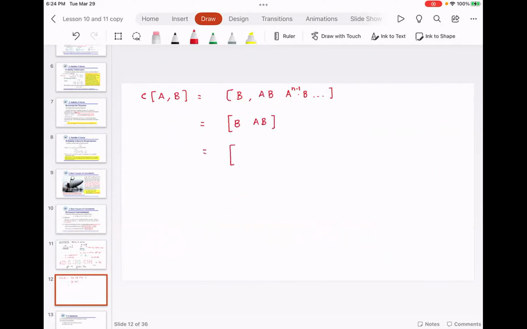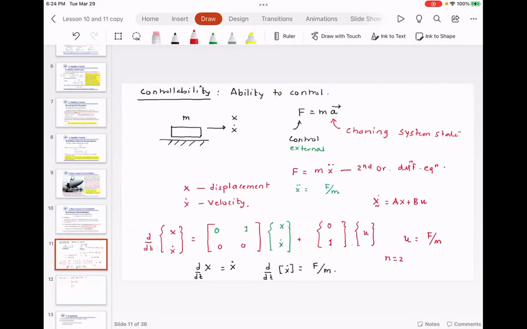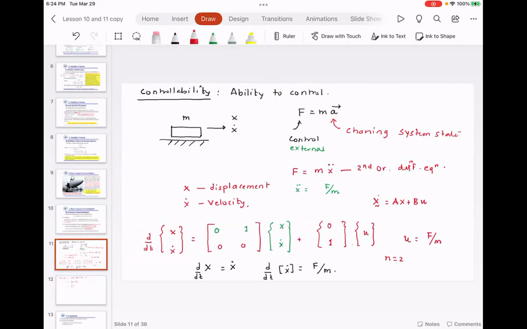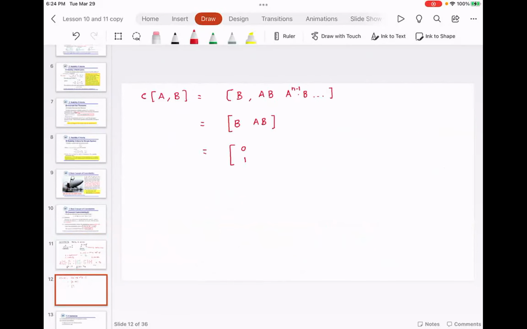B is 0, 1. A is 0, 1, 0, 0. So A times B is the matrix 0, 1, 0, 0 times 0, 1.